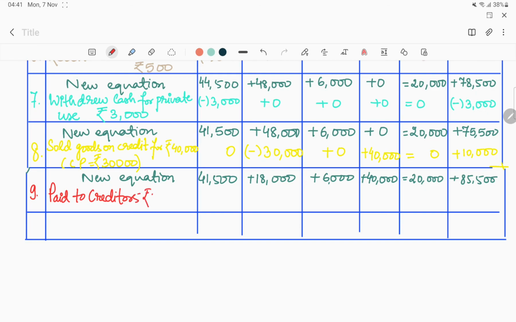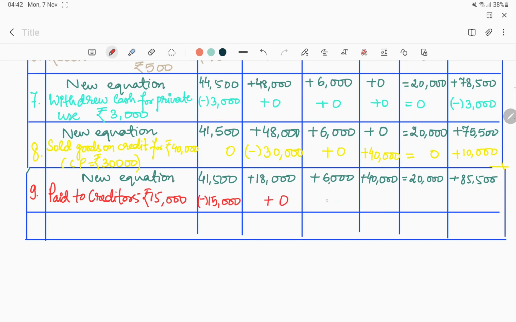The amount is 15,000. To pay the creditors, Mukesh will use money from the cash amount on the asset side. So it will subtract 15,000 from cash to pay the creditors.